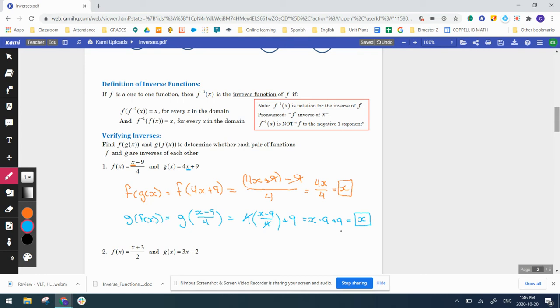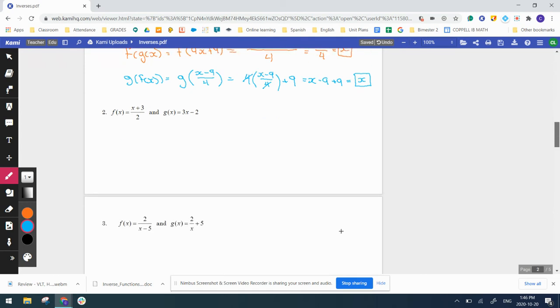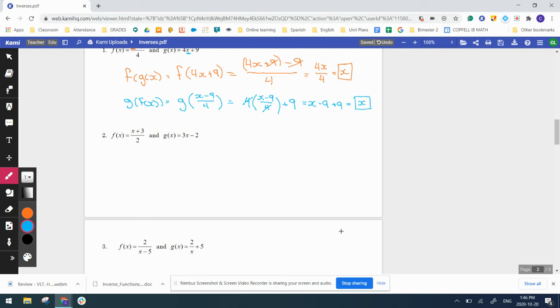So let's try one more here. So I'm going to try this one. I'm going to start with f of g of x. It doesn't matter which one you start with. So in f, I'm going to shove in 3x minus 2.